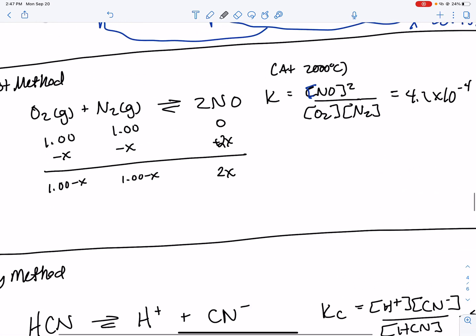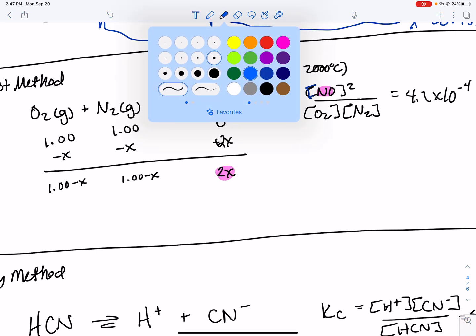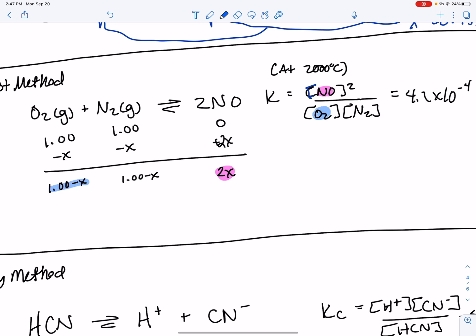Now this one has a method that you could use that is traditionally taught, and you would have learned it in another class like algebra or something like that. So right here, that's how my matching up goes. So I have x, and it's not just any x, it's a 2x squared over parentheses 1.00 minus x, and you'll notice those are actually the same thing.